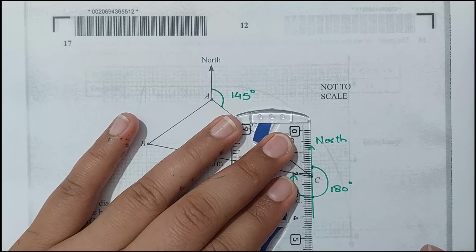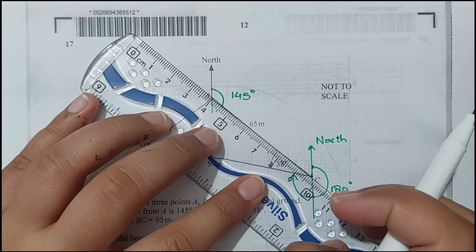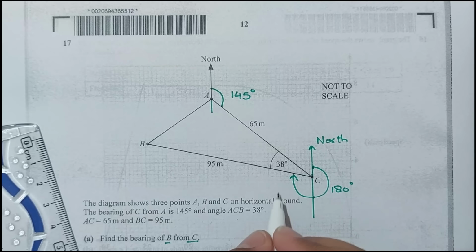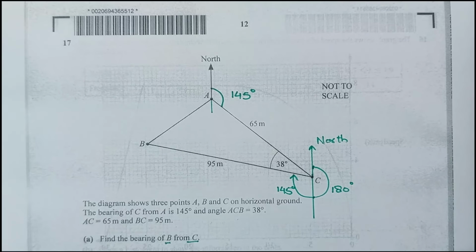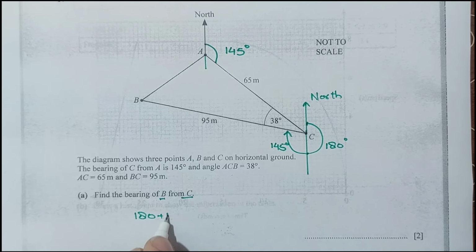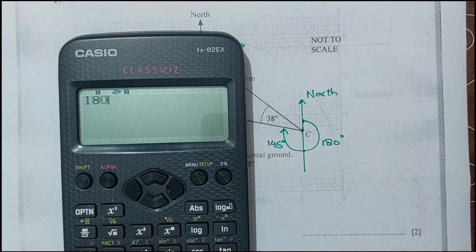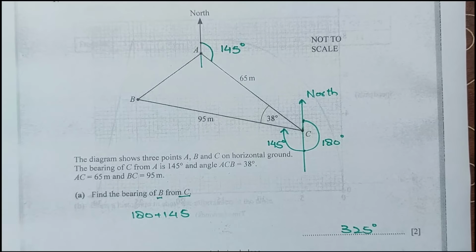As you can see, these two lines are parallel, so this angle and this angle are alternate angles. They are equal, 145 degrees. If this is 145, this is 145. The bearing is 180 plus 145. This is 325 degrees.